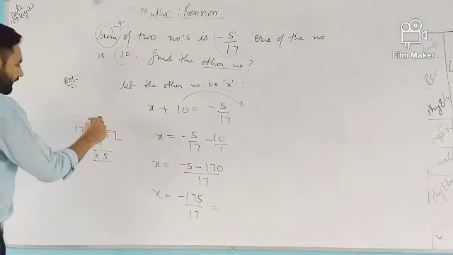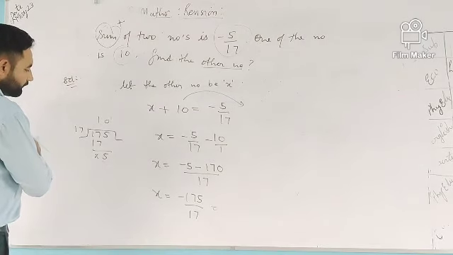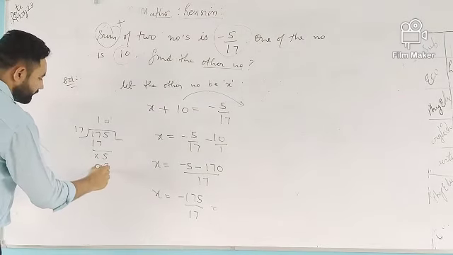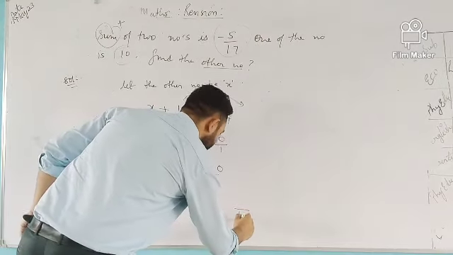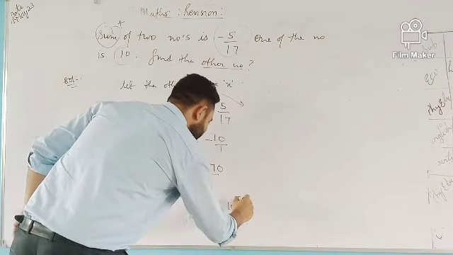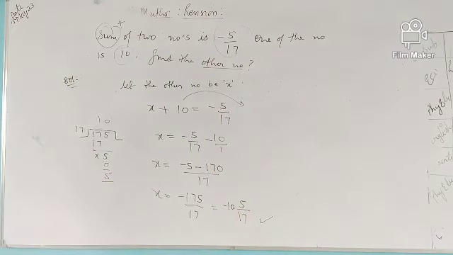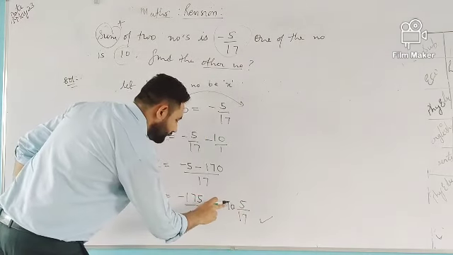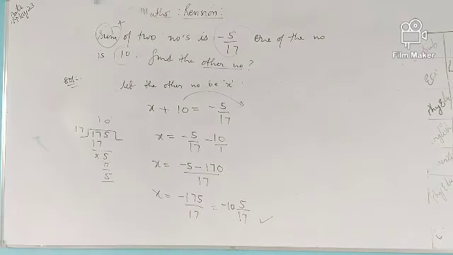So we need to multiply this 17 by 10 to make it 170. So this will be 10 whole 5 by 17. So the final answer of this question is minus 10 whole 5 upon 17.